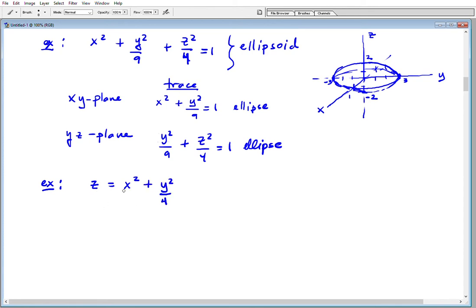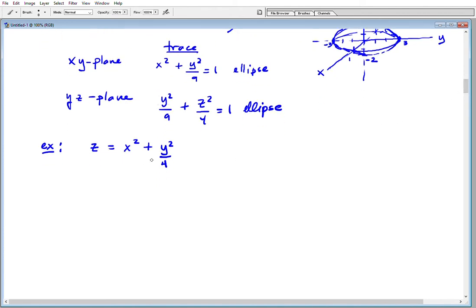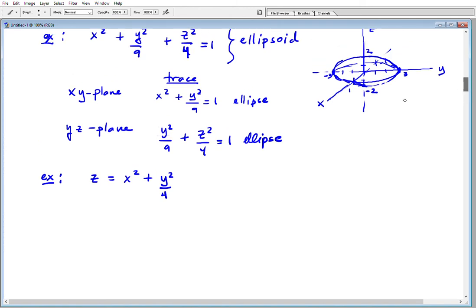Last time we did z equals x squared plus y squared. The reason I wanted to do this one is that this time it will be nice to see traces not only in the coordinate planes, but also in planes like z equals 4, for example, planes that are parallel to the xy plane.